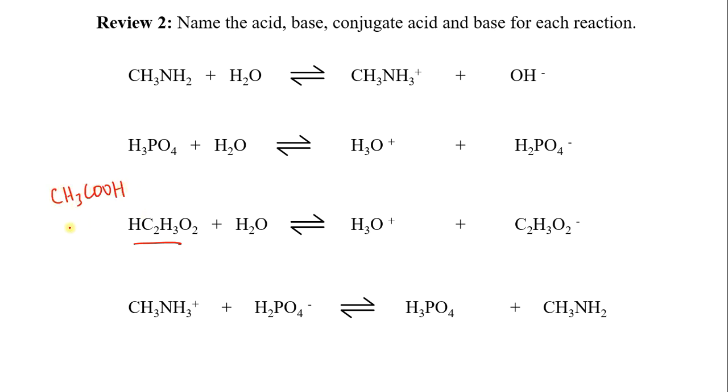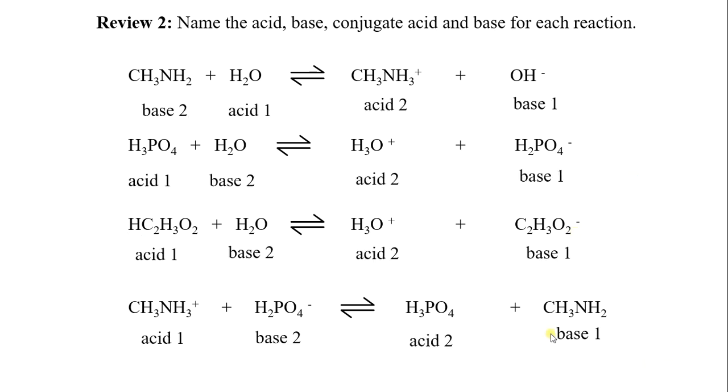All A-level students should be familiar with ethanoic acid, just written in a different way, but you can see that this has lost that proton and you're left with what's left, right? So this is the same as CH3COO. Now you can pause the video and try this for yourself. Check your answers. I hope you got all of them right.